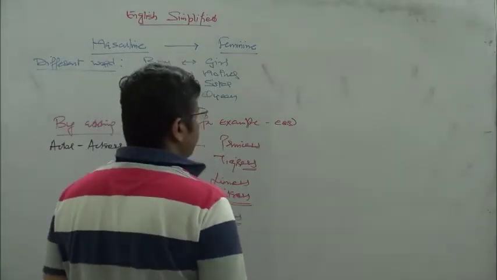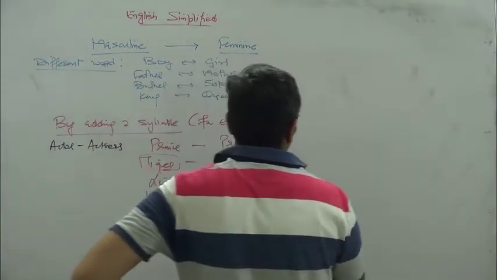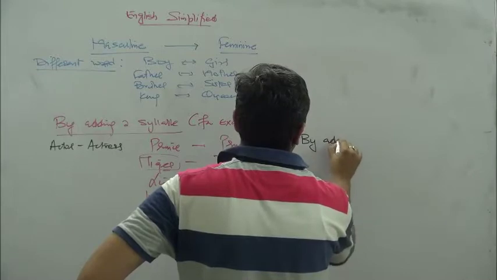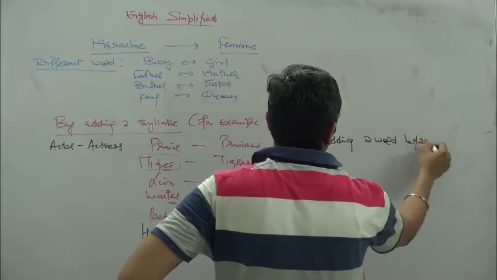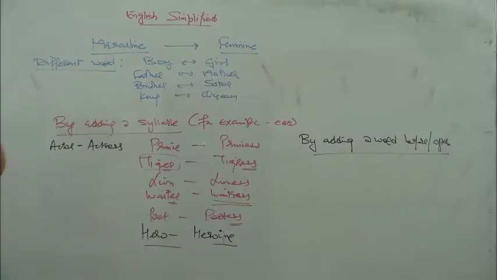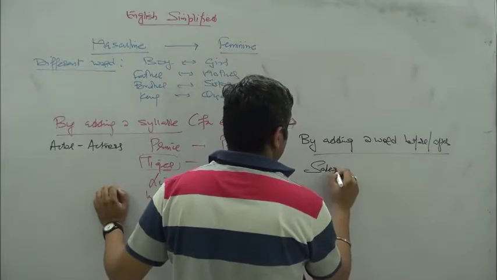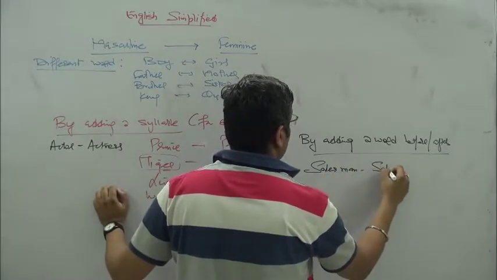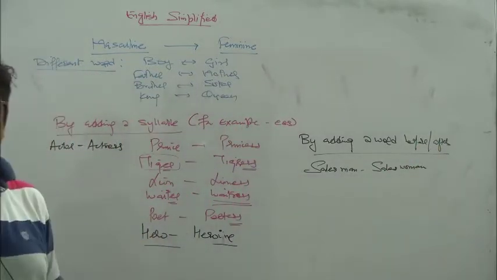And then we are saying another way in which we can identify the other noun or the other gender for this is by adding a word before or after that. So if I say, for example, I'm talking about a salesman, I call it saleswoman.